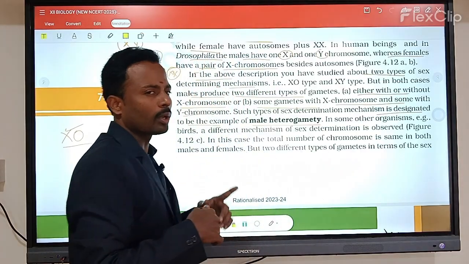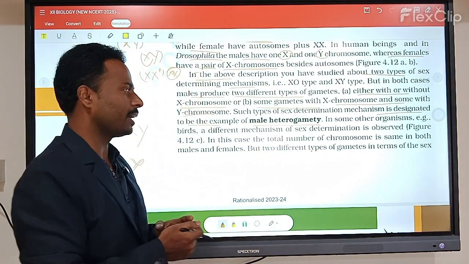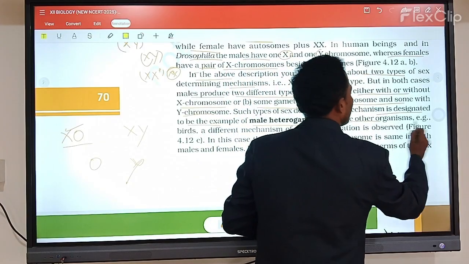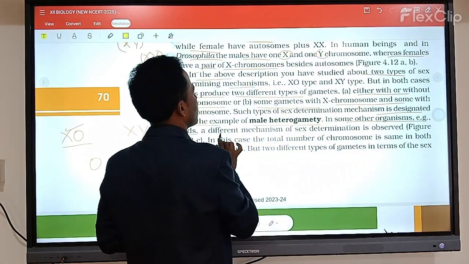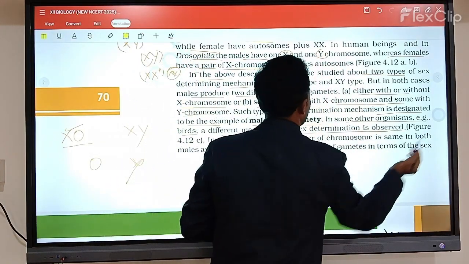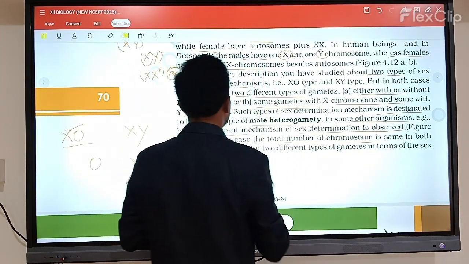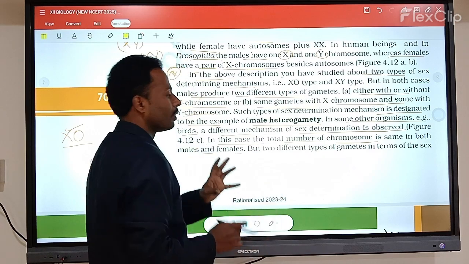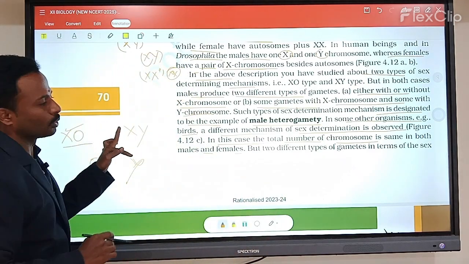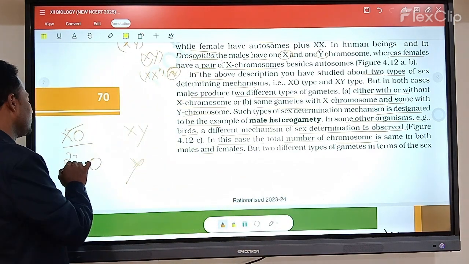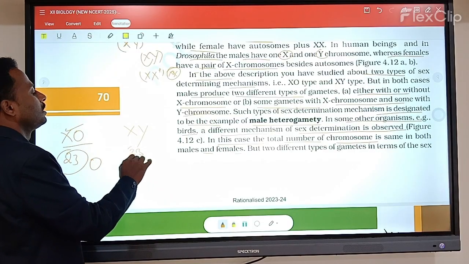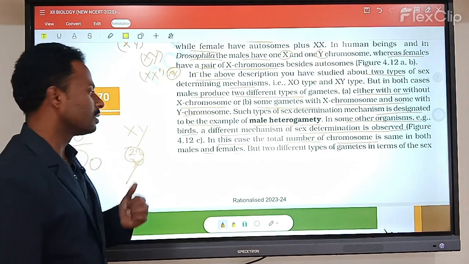Male heterogamy means the male shows two different characters. In some organisms, for example birds, a different mechanism of sex determination is observed, where the total number of chromosomes is the same in both males and females. For example, they have 23 pairs of chromosomes.